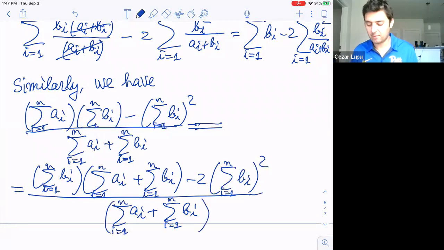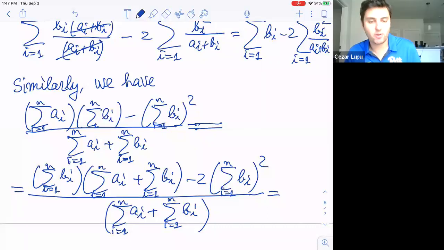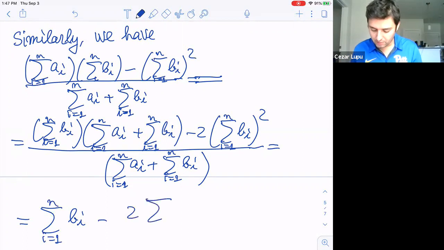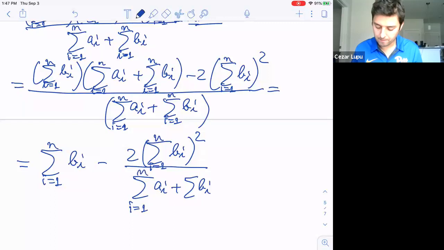Well, guess what? I'm going to do the same thing. So is it clear for everybody what I did? Yeah. So I'm just multiplying and subtracting the sum of b_i squared. That's what I'm doing. And now I can do the same thing. So the first one will be the sum of b_i, because this guy will cancel, minus 2 times the sum of b_i squared over the sum of a_i plus the sum of b_i. That's what we get.